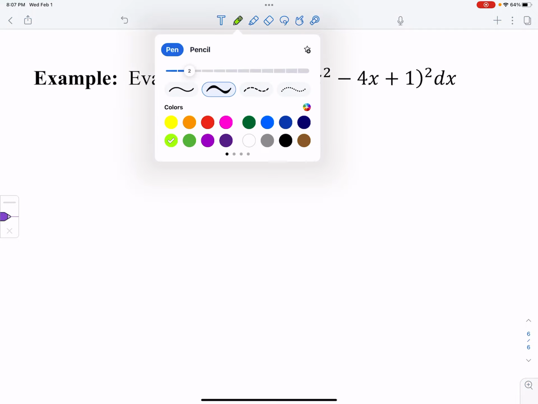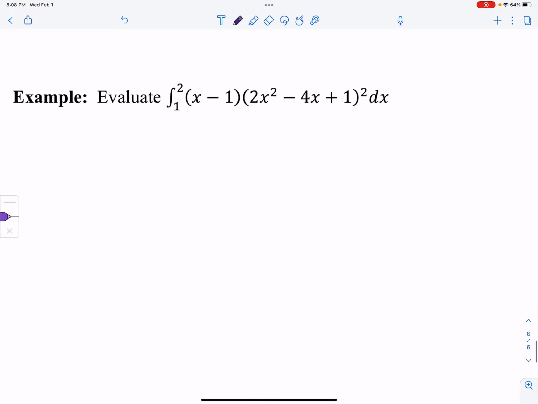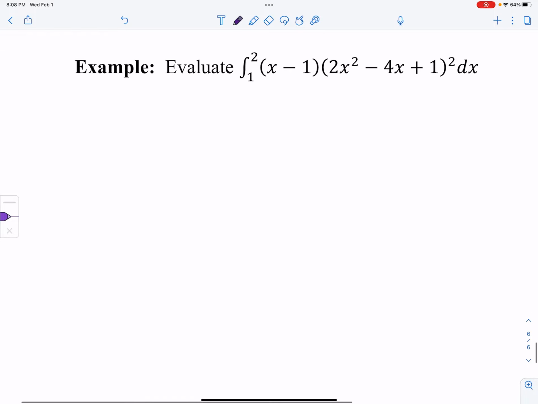Okay, and is this the last example? I think this is the last example. This one we can do, so if you would like to pause the video, go ahead, and then you can double check after. Let's let u equal to what's being squared, so 2x squared minus 4x plus 1.